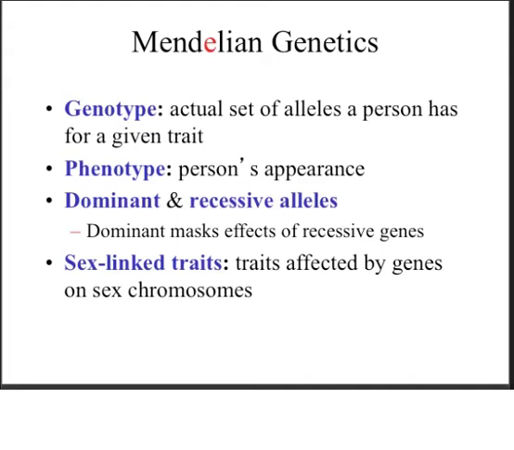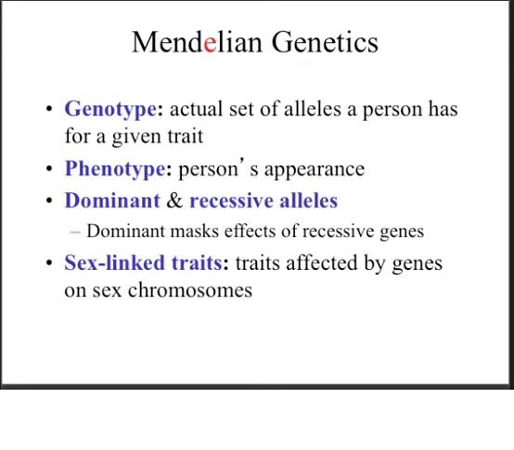Many traits, not all by any stretch, but many traits are inherited via dominant and recessive alleles. And essentially what we mean by a recessive allele is that in order for the trait of the recessive allele to appear in the individual that inherits it, they have to have two copies of that recessive gene, one from the mother and one from the father, in order for the characteristic to show up.